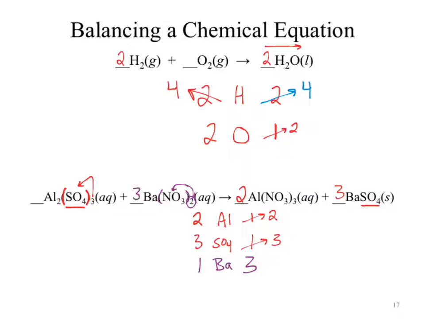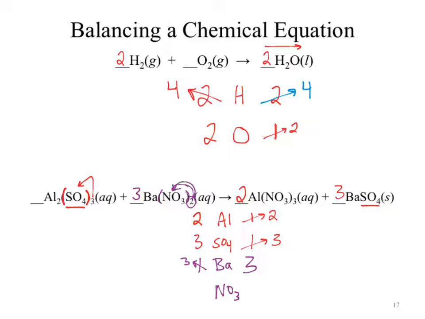I need a 3 in front on the left. Okay. So our barium is now balanced. Now what should we do? Check our nitrate. How many nitrates on the left? 6.